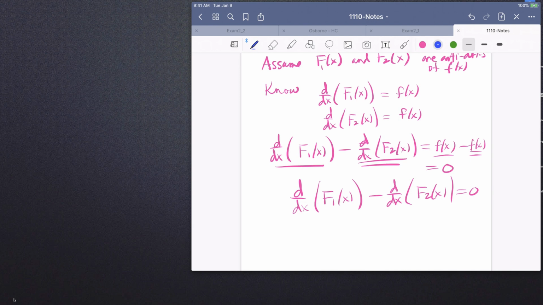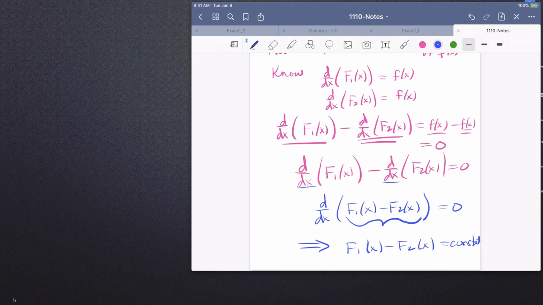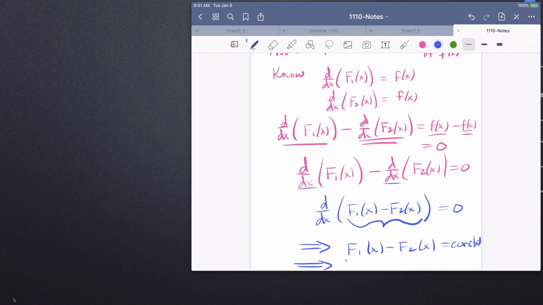But by properties of the derivative, the derivative of a difference is the difference of the derivatives. And if the derivative of a function is equal to 0, the function you took the derivative of had to be equal to a constant. The derivative of a constant is equal to 0. And this will tell you that F1 is equal to F2 of x plus a constant.